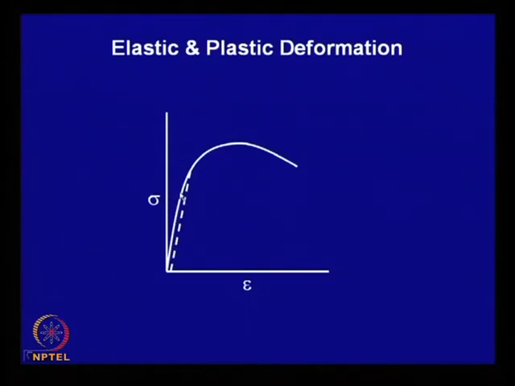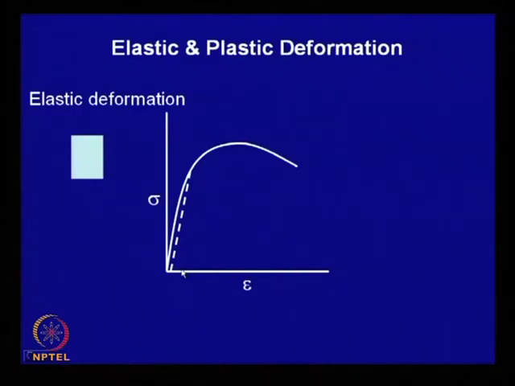If you deform a material here, unload, it will trace back its path and come back to its original shape and size. But if you load it beyond this point called proof stress, then if you unload, only the elastic part will get recovered, but there will be a permanent strain left behind, and this is schematically shown here.